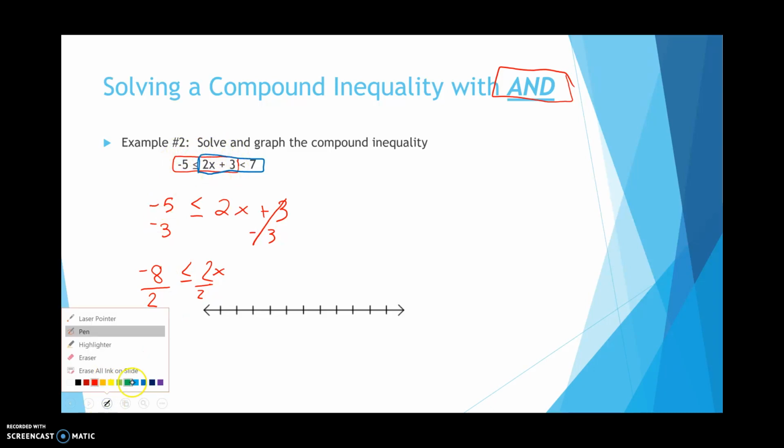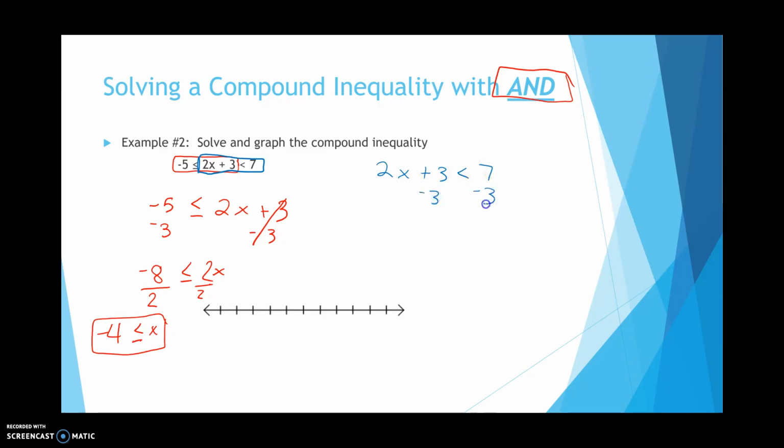I'll switch my colors here to blue. Now I'll solve 2x plus 3 is less than 7. I'll subtract 3 from both sides, so we get 2x is less than 4. Divide both sides by 2, so x is less than 2.